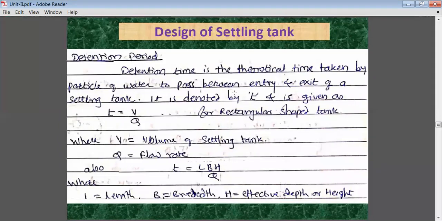Write down the definition of this. Then write down the formula: T is equal to LBH upon Q.